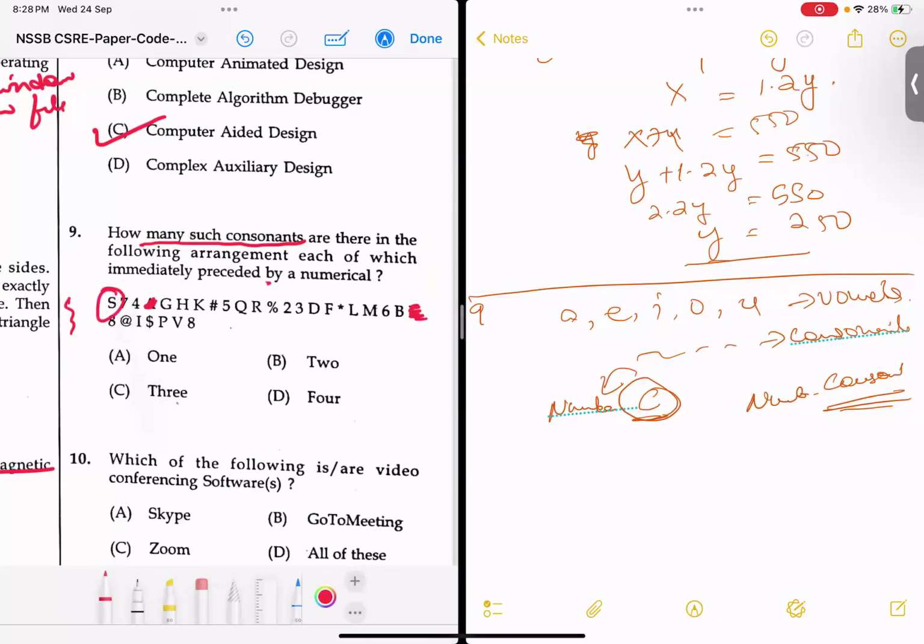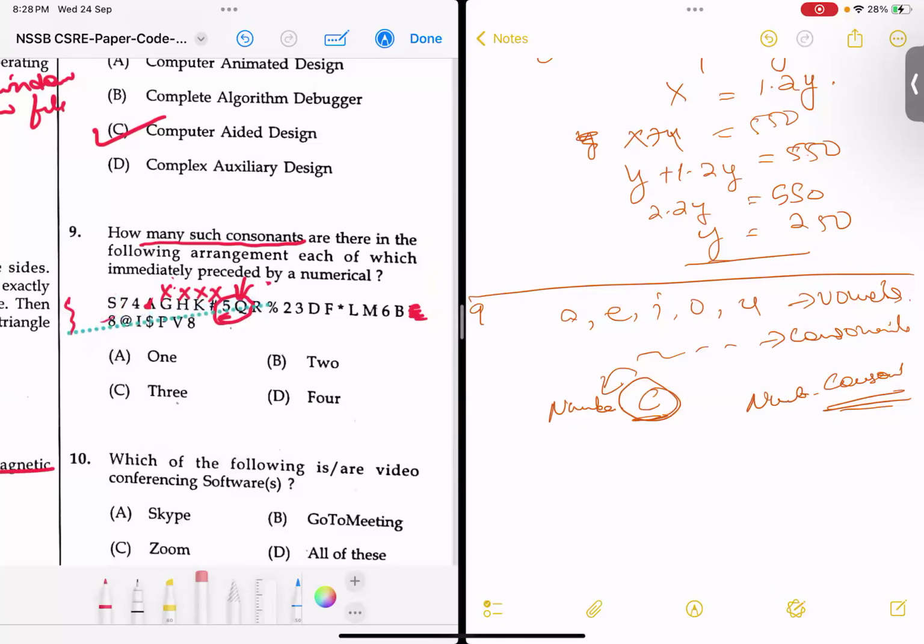Here we have one consonant, but there's nothing before it, so we'll just cancel it. Next, we have this. Again, this cannot be applied, because there's no number before it. So all these can be cancelled out. Special characters we leave out. Here we have a Q, and this Q is preceded by a number. So here we have 1.